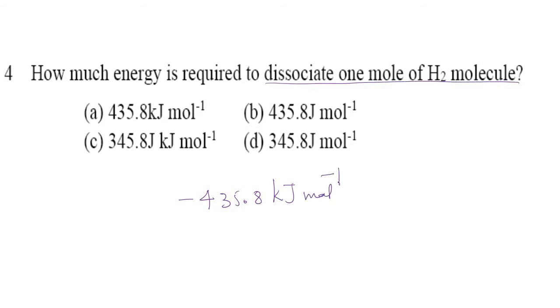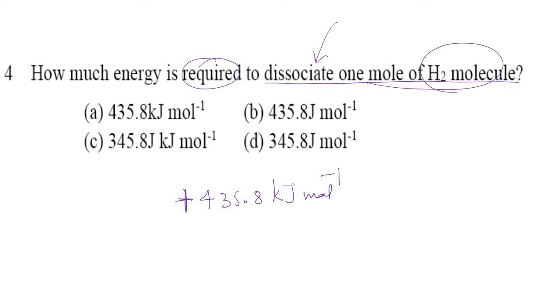This much energy is liberated during the formation of 1 mole of hydrogen. In order to break that hydrogen molecule, because here the question is dissociate, the same energy is needed, but it will be positive, because energy is required. At that time we have to supply 435.8 kilojoules per mole. That is the energy required to dissociate one hydrogen molecule.